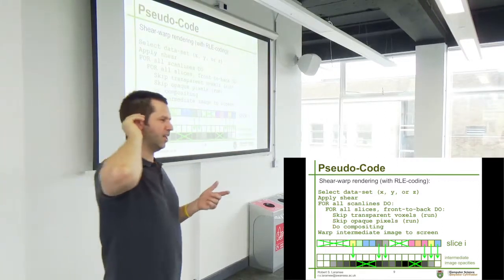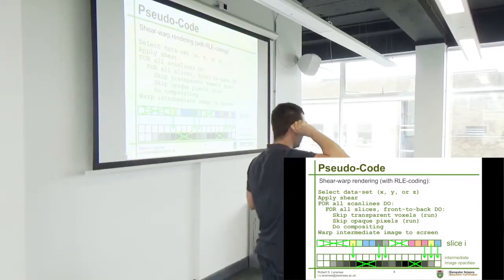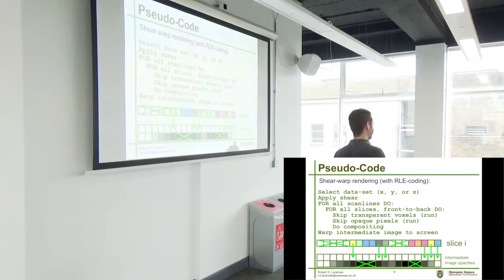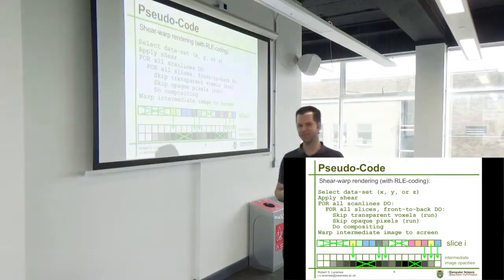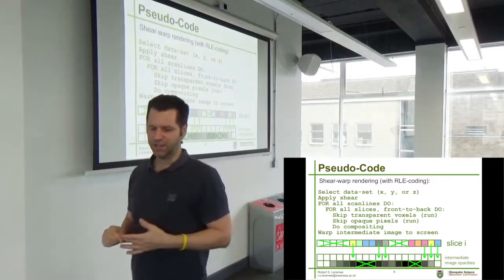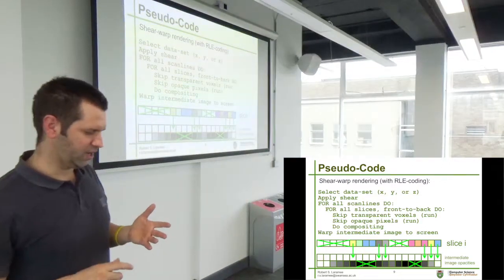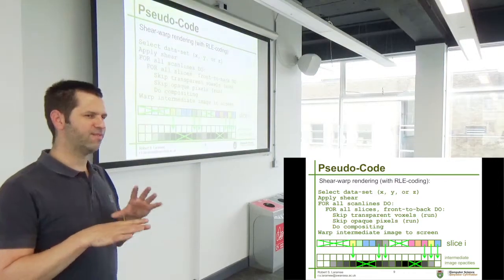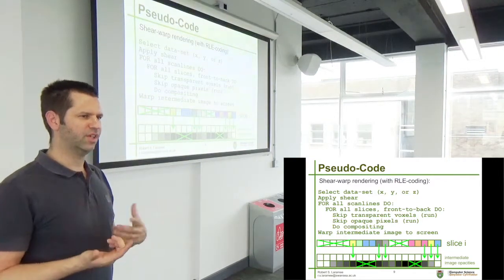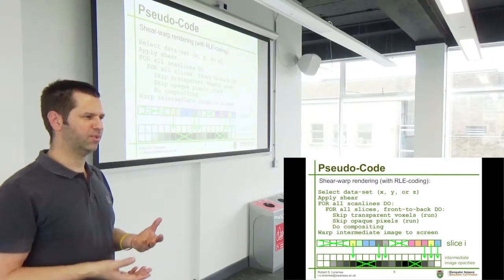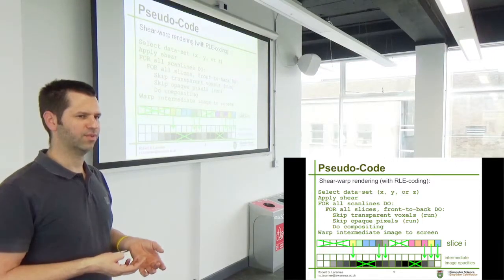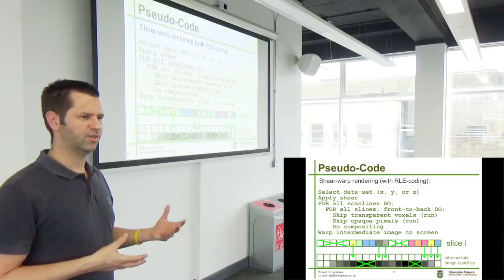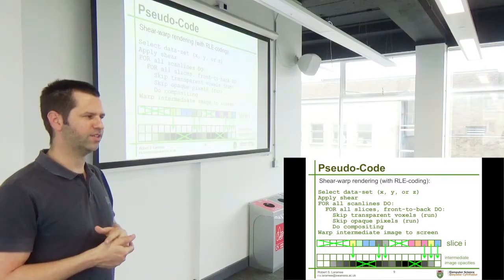So this applies the idea of run length encoding to volume data as one of the acceleration techniques. And it's not very difficult to imagine where run length encoding is very effective. We've been seeing lots of images of people and cadavers scanned into a CT scanner or MRI scanner.